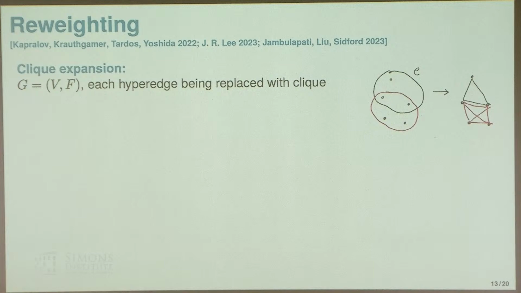Given a hypergraph, we first construct a clique expansion. So for each hyperedge, we replace it with a clique. Here is the picture. If you have 2 hyperedges there, we replace them with cliques. So this pair is shared by 2 hyperedges, then basically we have 2 edges there. We want to do it because we are assigning weights to those edges.